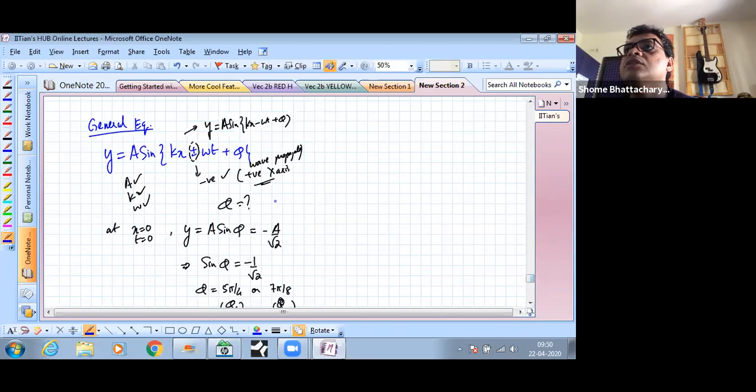So here, this is where we are trying to find out the phase constant. We've already found out A, K, omega, all these things. So just go through this section.